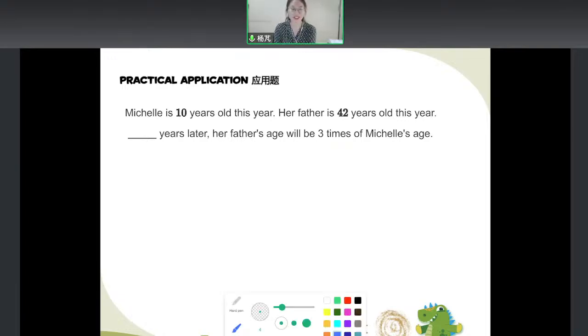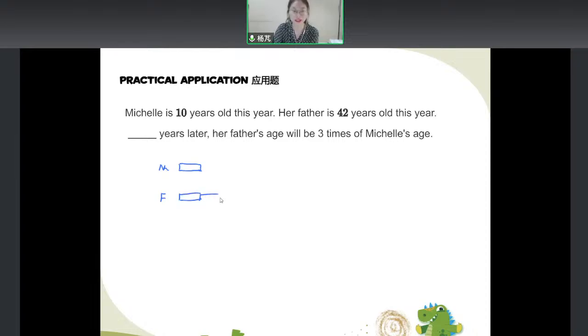Michelle or her father? Absolutely, Michelle will be 1 unit. So we draw 1 unit to represent Michelle, and the father will be 3 times, 3 units, 3 same boxes. My boxes are a bit uneven, but that's fine.